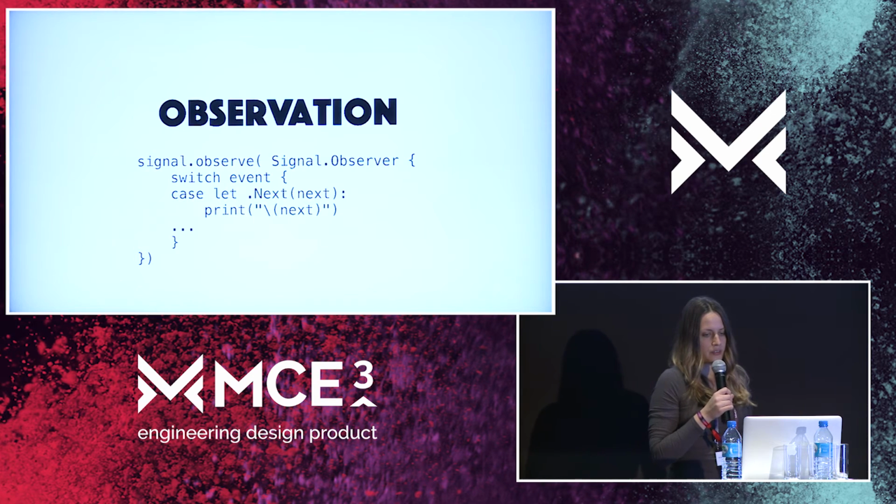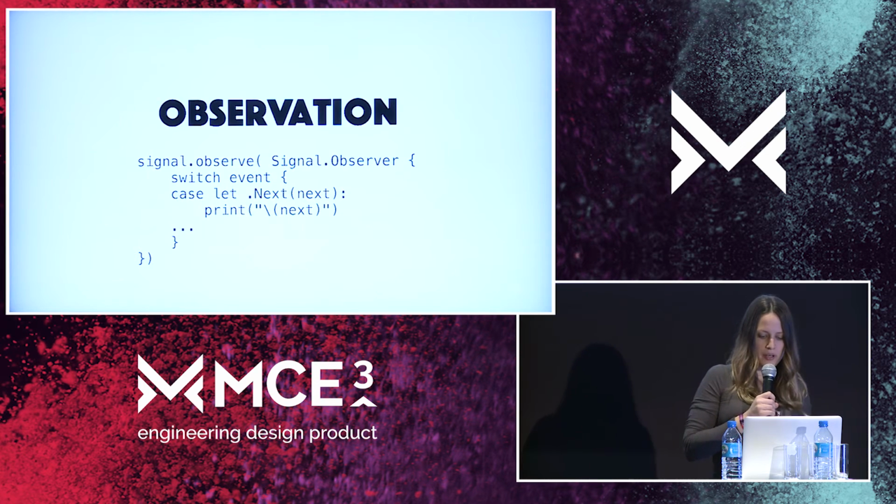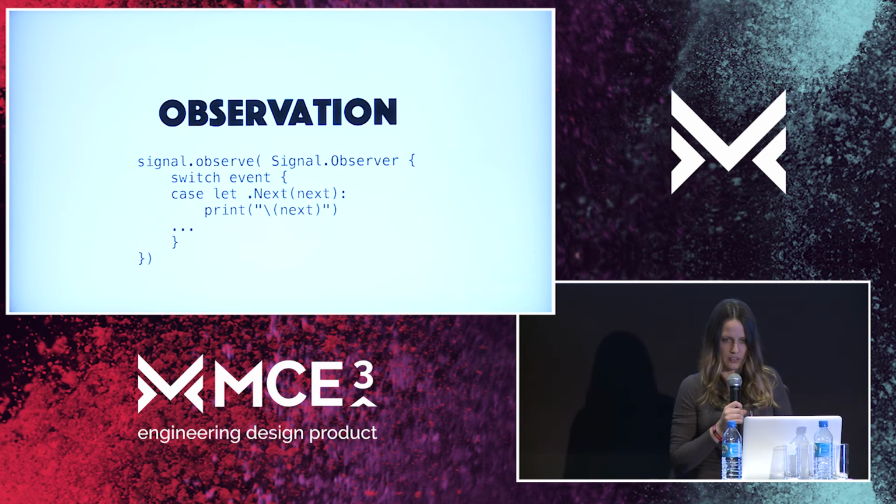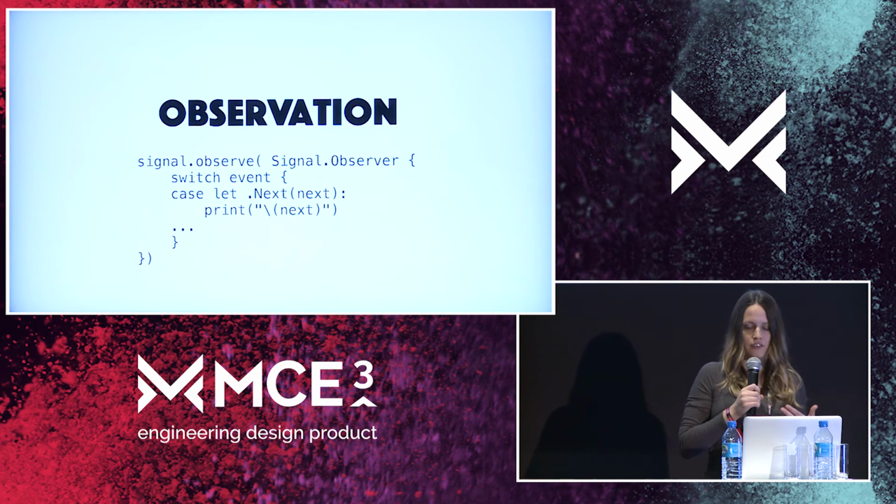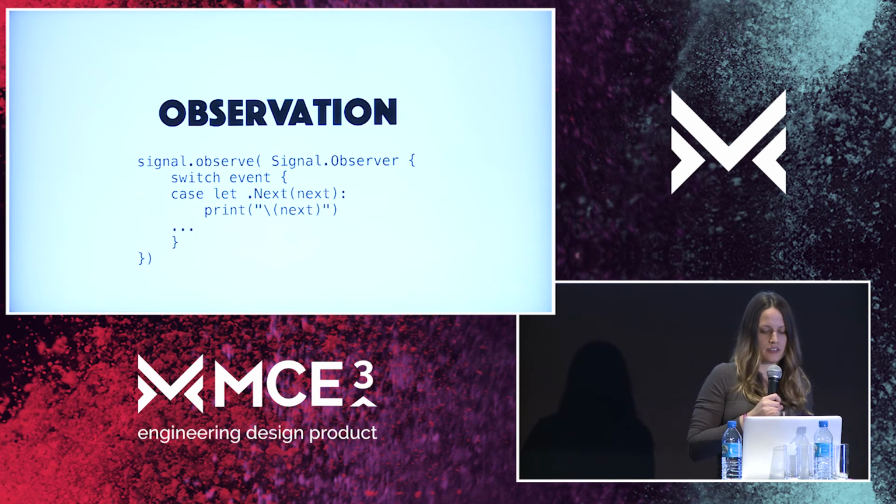And now there is this observer type, which might be familiar from Rx. And that's the point, that the guys wanted to get ReactiveCocoa a bit closer to Rx. So it's not just inspired by FRP, but it's inspired by Rx now.